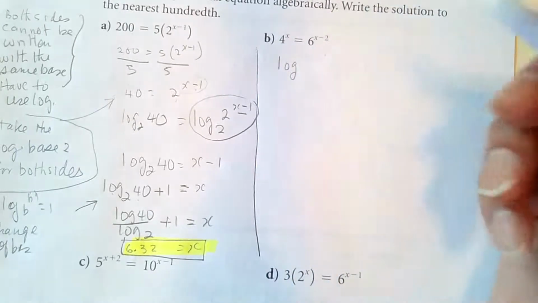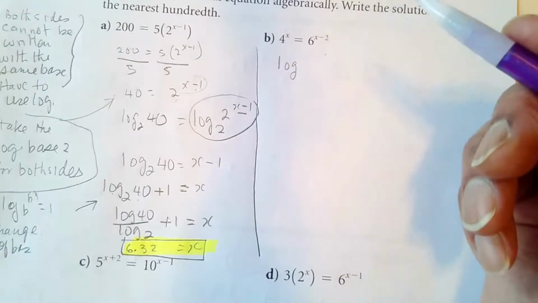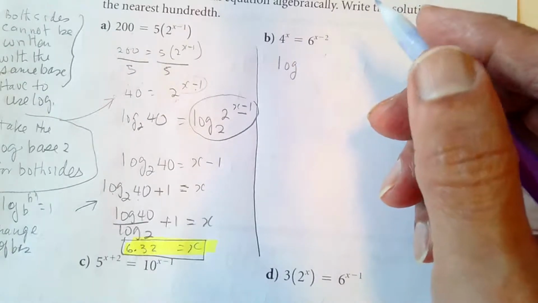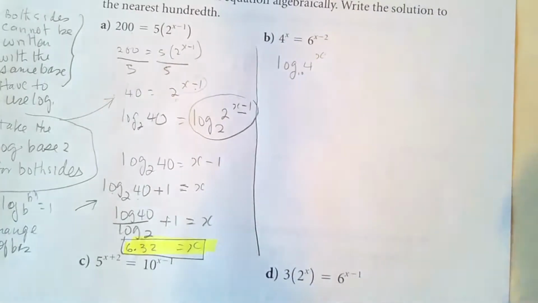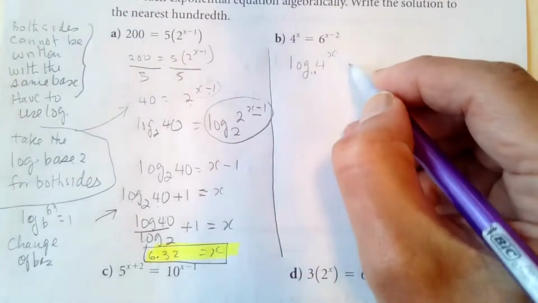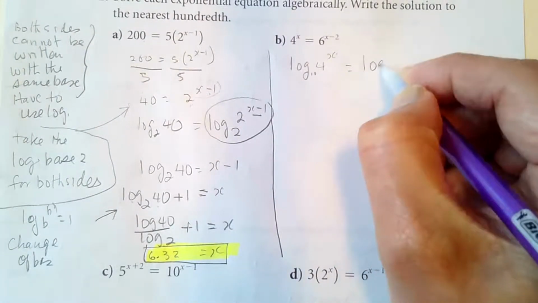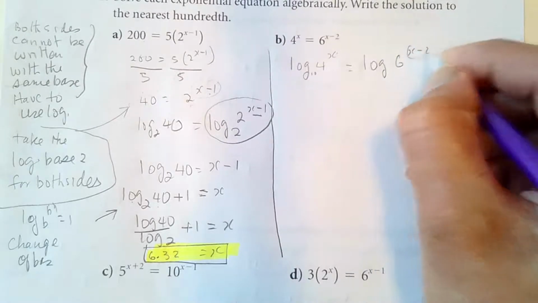In this case, we can write it as base 10. So we have log 4 to the x. We have a 10 here, but it's understood. Base 10 is equal to log 6 to the x minus 2.